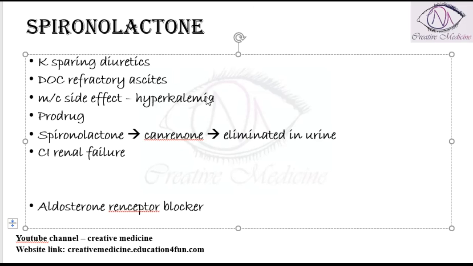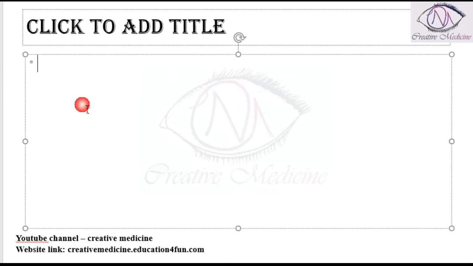So spironolactone is an aldosterone receptor blocker. It blocks aldosterone, which mainly causes reabsorption of sodium and water and excretion of potassium. As a result, spironolactone will cause excretion of sodium and water and reabsorption of potassium.